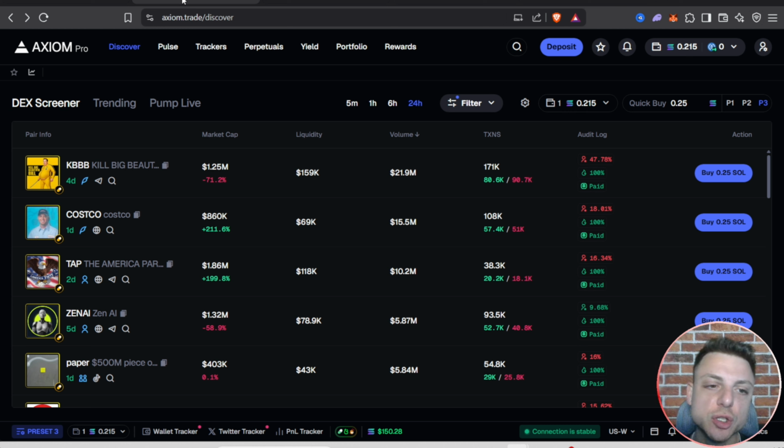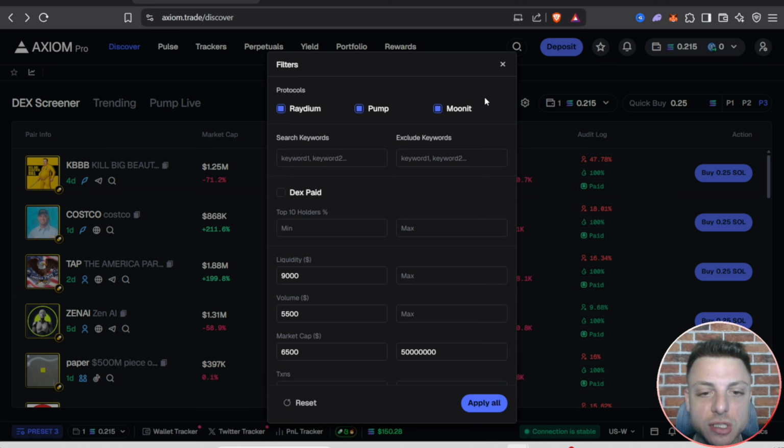So what I'm going to show you now is more so going to focus on already established coins and finding some really strong scalping opportunities, because my trading strategy really focuses on being able to scalp in and out of these coins. And it's really simple and really easy. So the first thing that I will do, click on the Dex Screener tab and head over to filters right here.